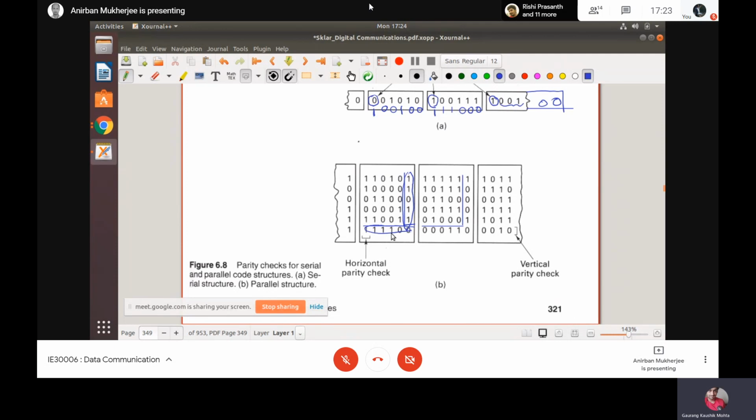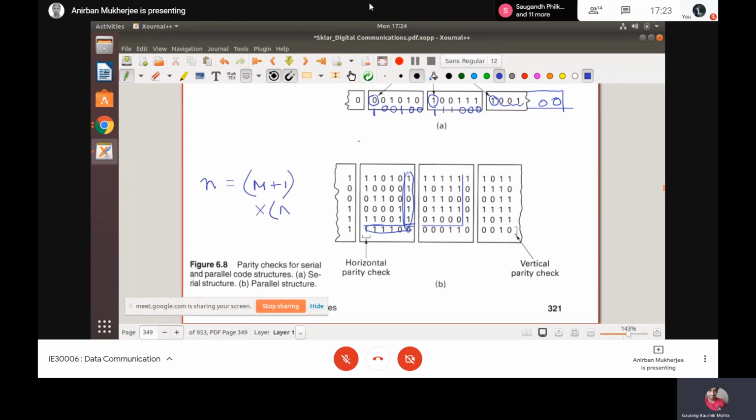So here n is basically m plus 1 into n plus 1, and what is your k, message bit, as m into n.